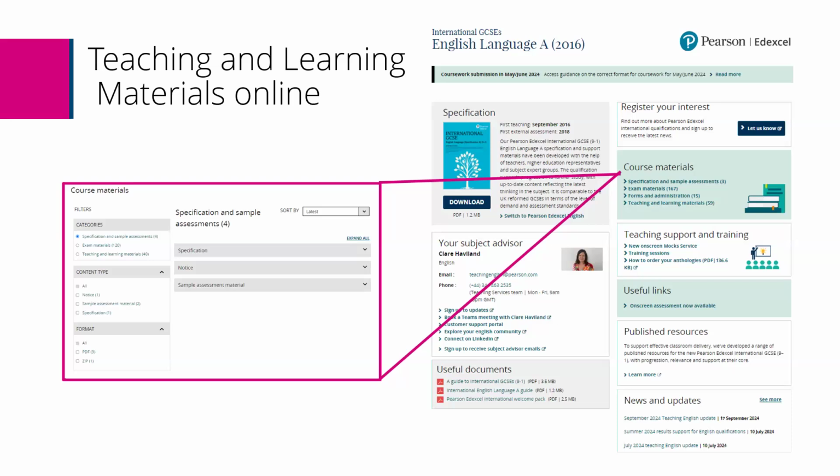Those are all the past question papers, all the past mark schemes, main paper, R paper, and all the examiner reports are available there. Forms and administration, those are things like the coursework forms that you send in with your candidate coursework, authentication forms, all of those things are available there. Teaching and learning materials, those are things like schemes of work, past training. That's where you'll find past coursework exemplars.